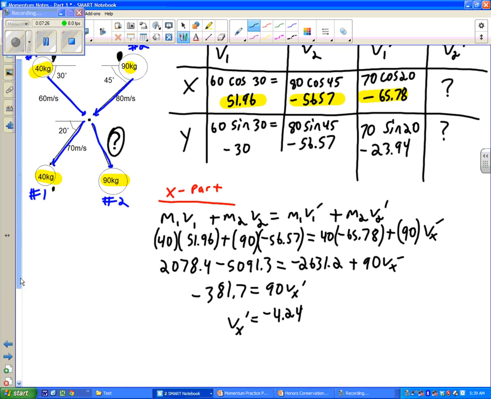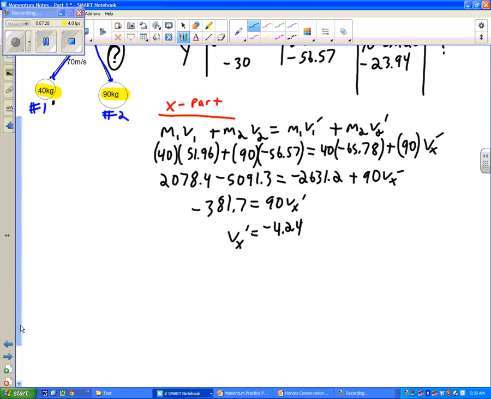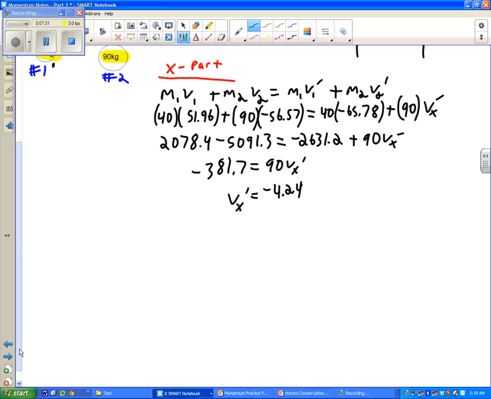I need to do the same thing for the y direction. So for the y part, I'm going to have m1v1 plus m2v2 equals m1v1 prime plus m2v2 prime. So I'm doing this for the y's. So I have the mass, which is still 40.